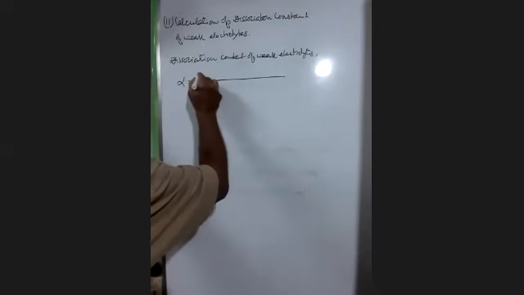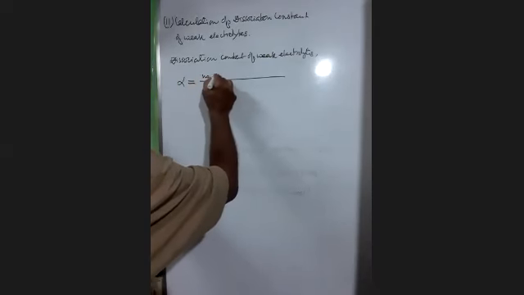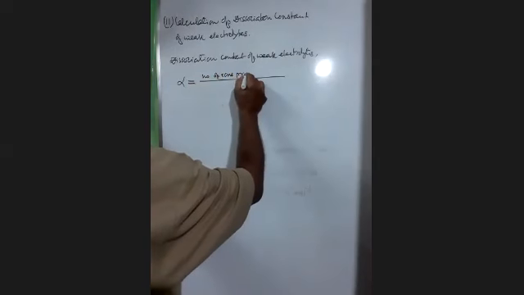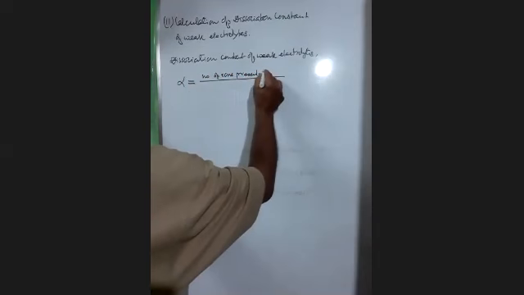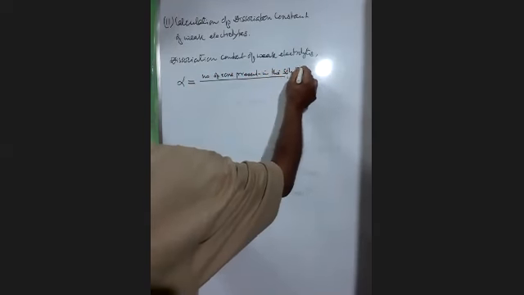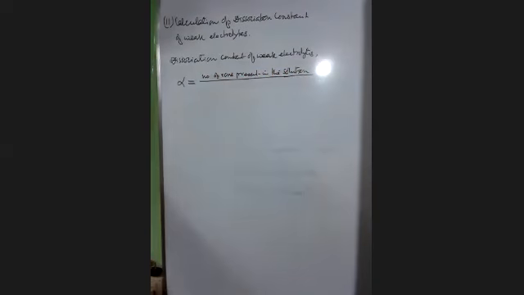Alpha is the number of ions present in the solution, because ions only conduct electricity. Suppose you have added 1 mole of a substance.